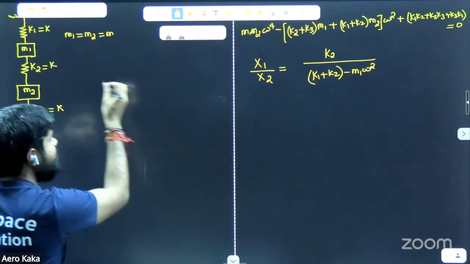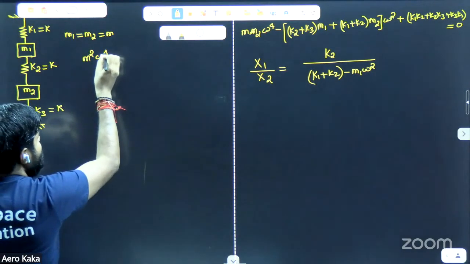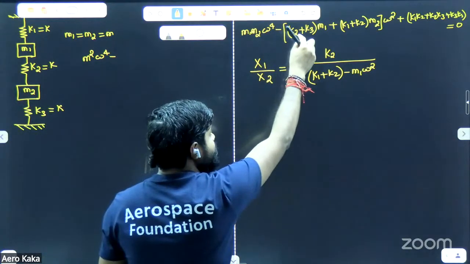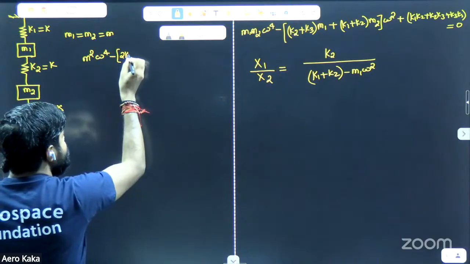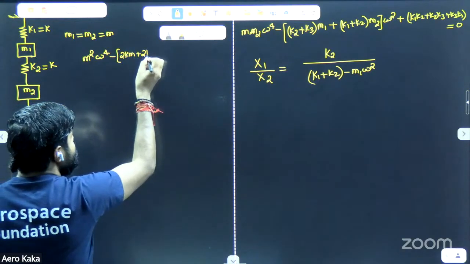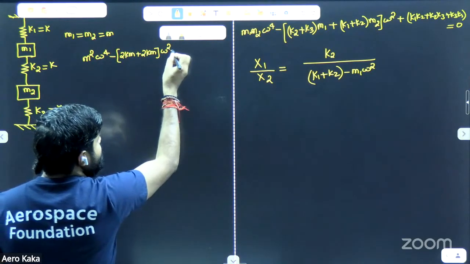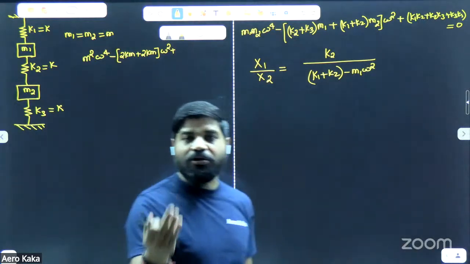The frequency equation is going to be m square omega raised to power 4 minus how much? Just substitute k2 is equal to k and k3 is equal to k. I can write here 2km plus 2km, bracket close, omega square. Then plus how much will you get? K1 is equal to k2 is equal to k3 is equal to k.